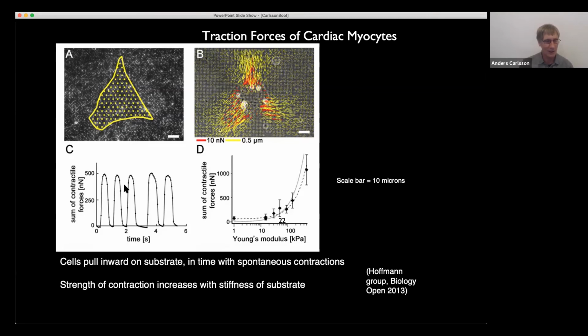What I found really surprising is that they added up the sum of all the contractile forces. Now they didn't add them as vectors. If they had added them as vectors, they would have all added up to 0. But they just added their magnitudes. And so what they find is that it oscillates over time with a period of roughly a second, which sounds kind of familiar, doesn't it?